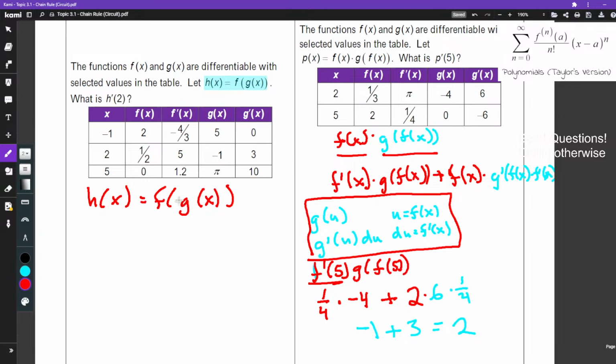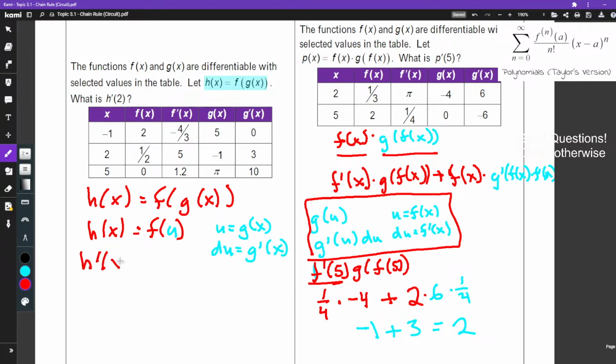So h of x is equal to f of u, where u is equal to g of x, du is equal to g prime of x.